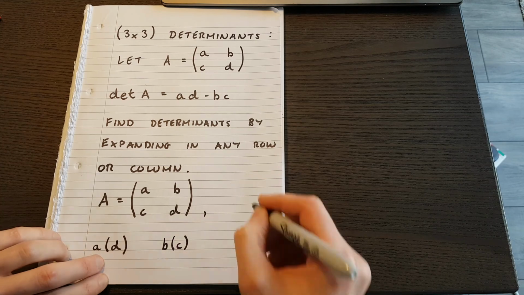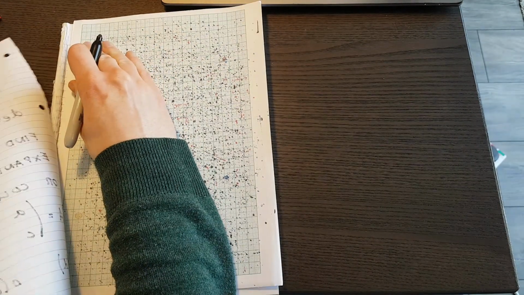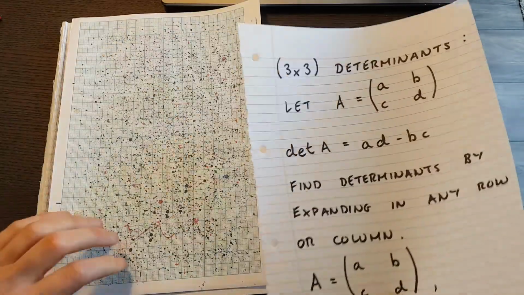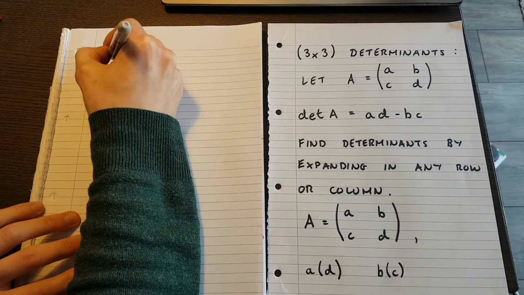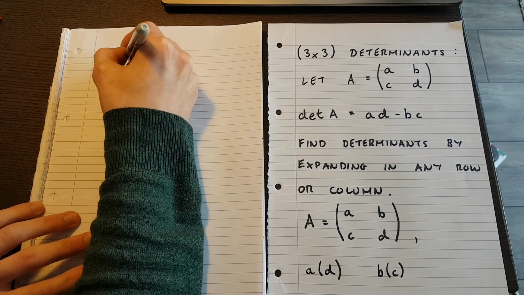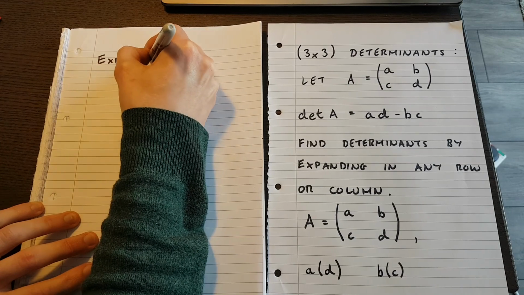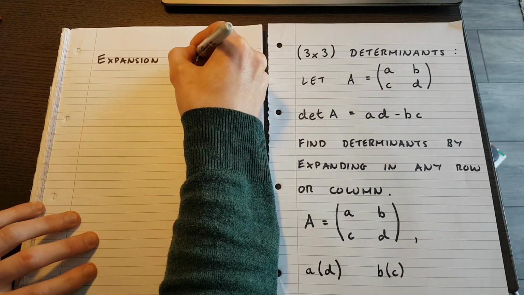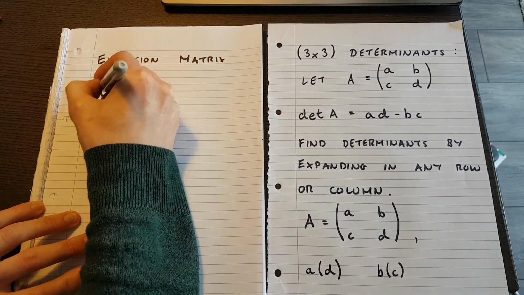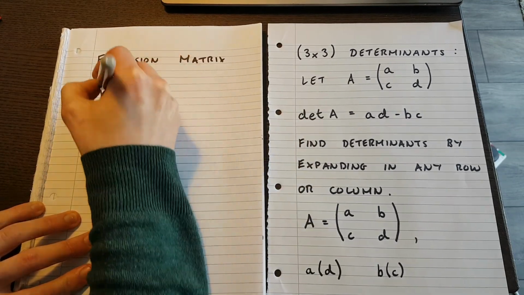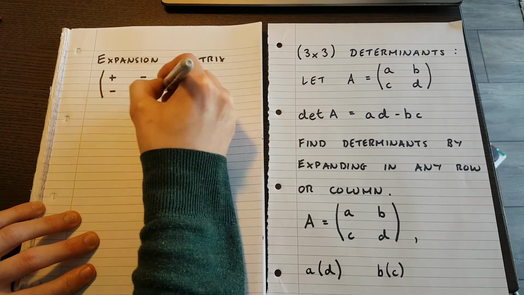And we always have a plus-minus rule, which looks like this. The expansion matrix has the following shape: plus, minus, minus, plus.